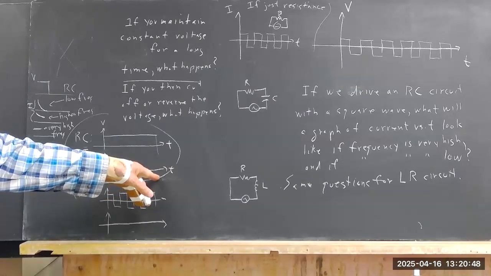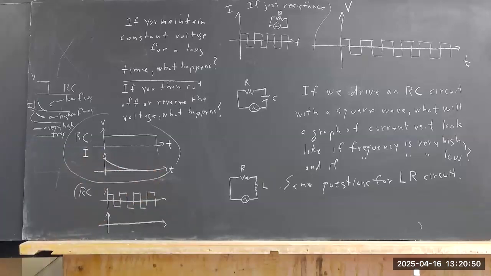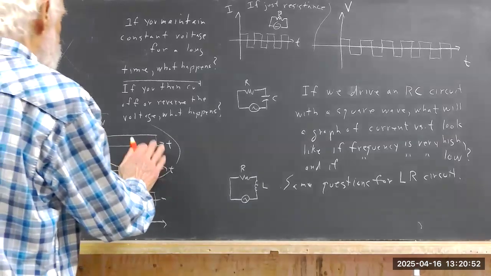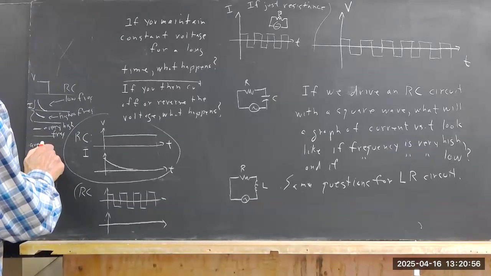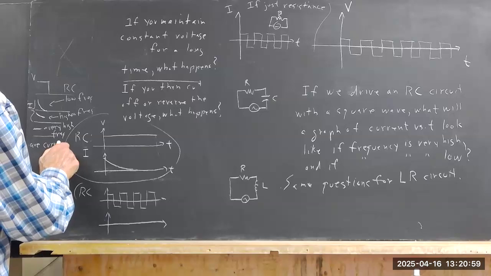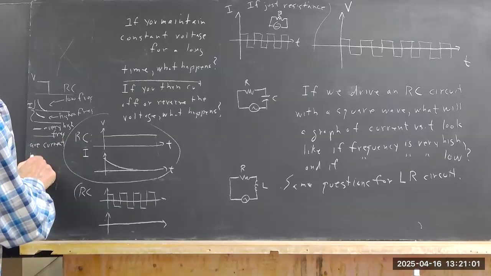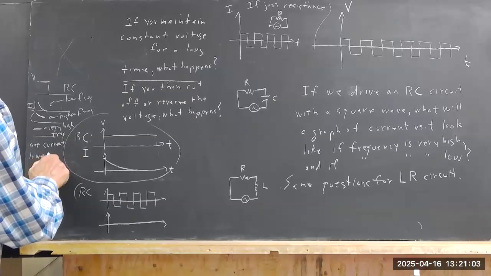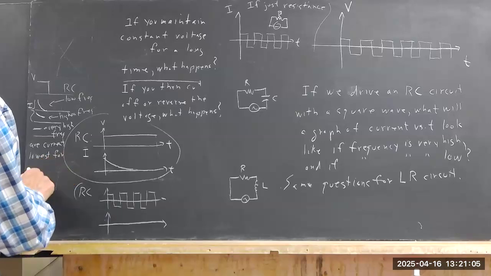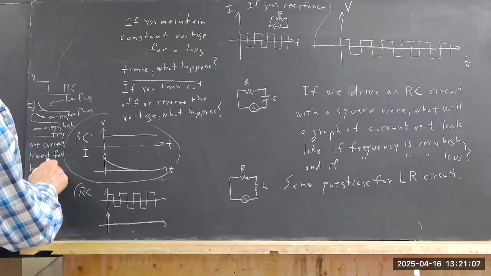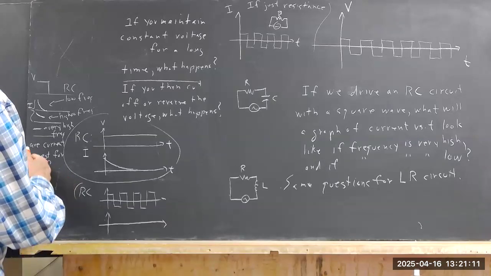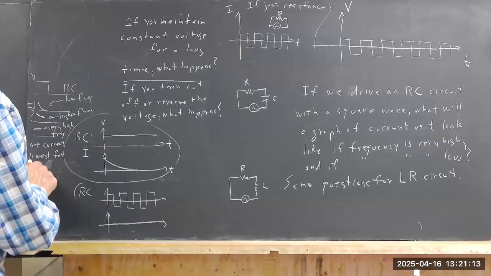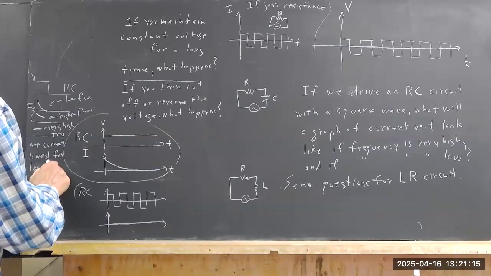So your average current would be very low. Average current is lowest for the low frequency.